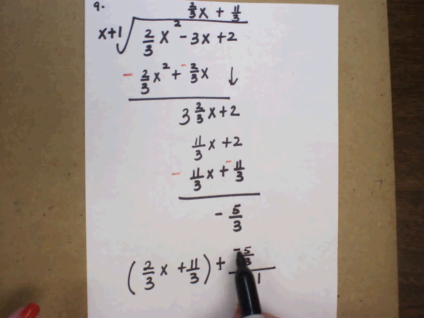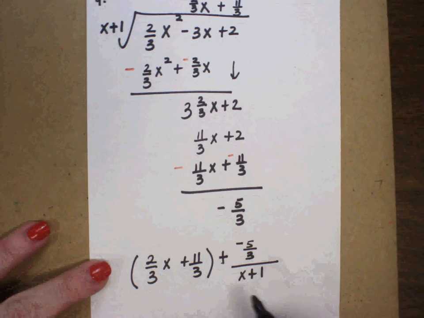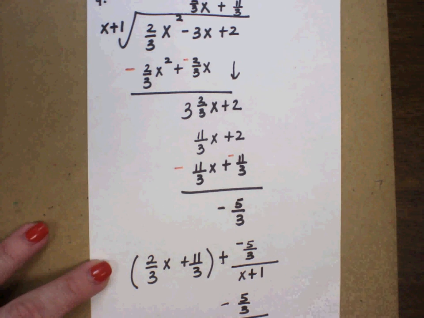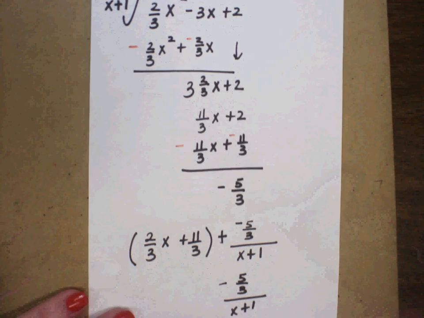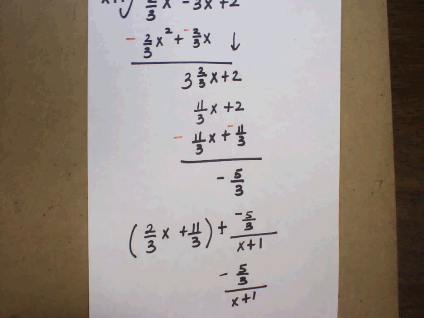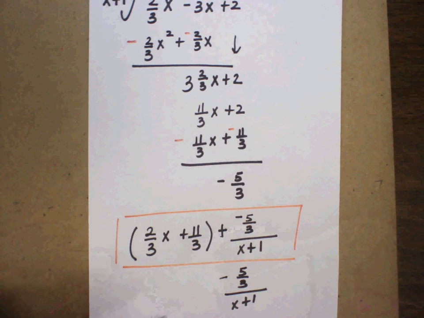It doesn't matter. It's the same thing. So I can put a minus 5/3 divided by x plus 1. I can put the minus over here. It doesn't have to be right beside the fraction. Do we understand what I'm trying to say? No? Alright.